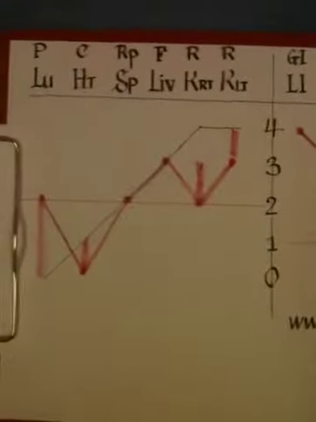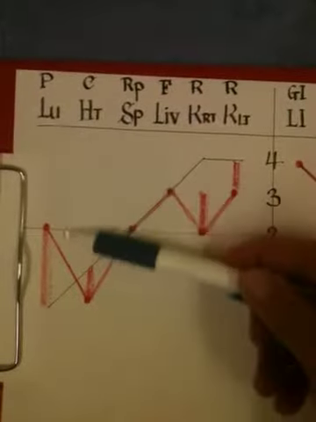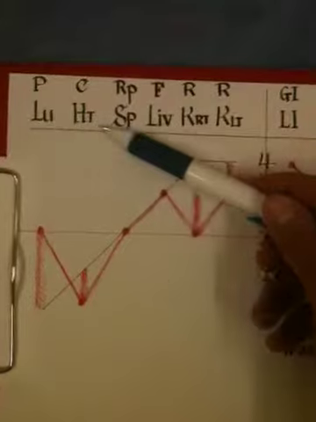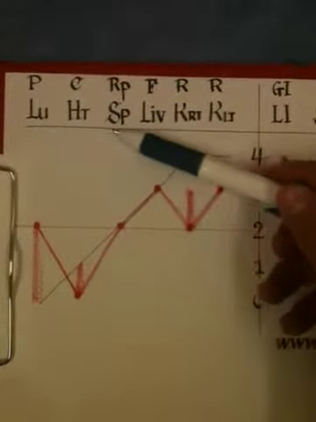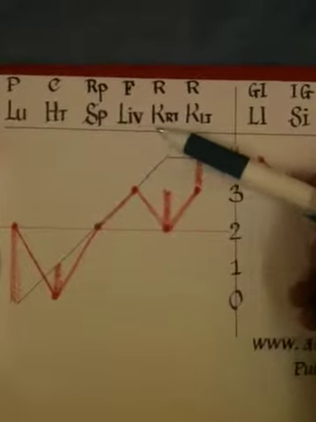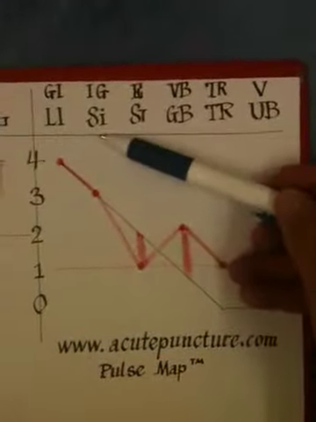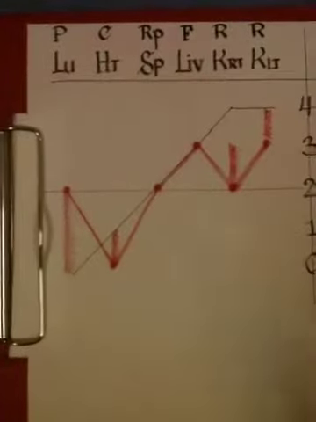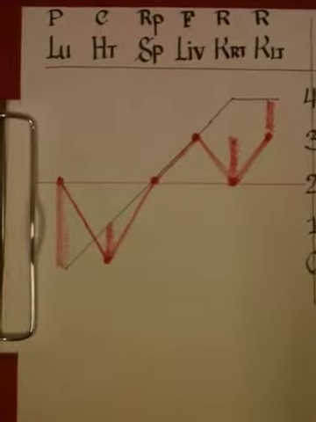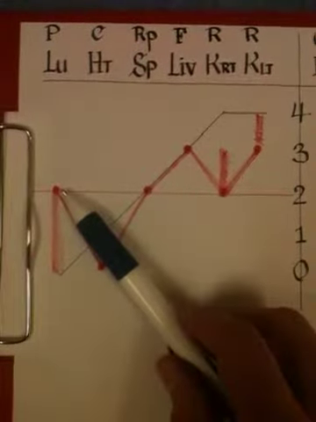So what we can see here, again I will remind you, we have the pulses of the Zang organs like the lung, heart, spleen-pancreas, liver, right kidney, left kidney, and the Fu organs like the large intestine, small intestine, stomach, gallbladder, triple warmer, Sanjiao, and the urinary bladder. From this pulse map, after taking the pulse manually, we can differentiate.